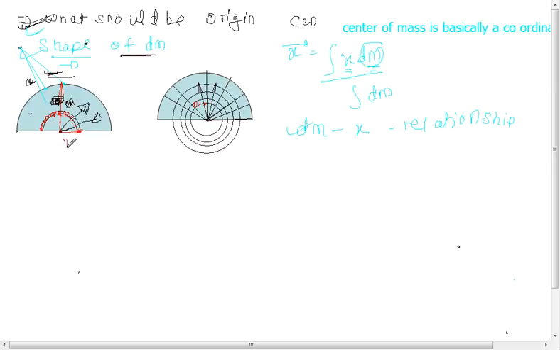So the x coordinate of the center of mass will be 0, and the y coordinate will be 2r by pi. This will be the center of mass.